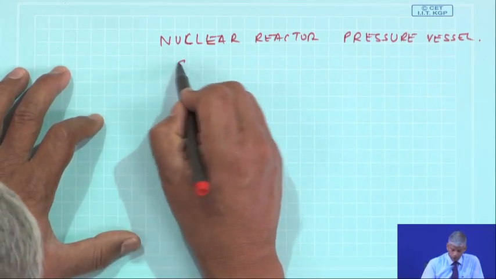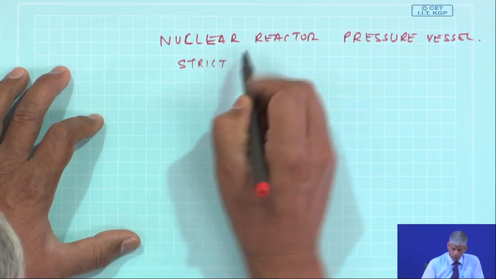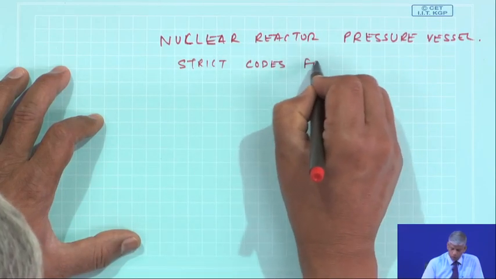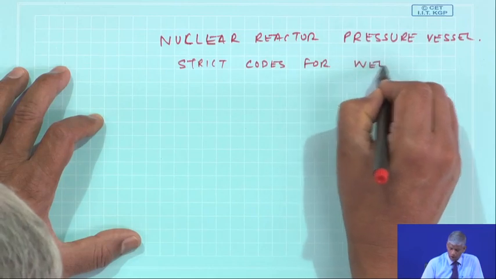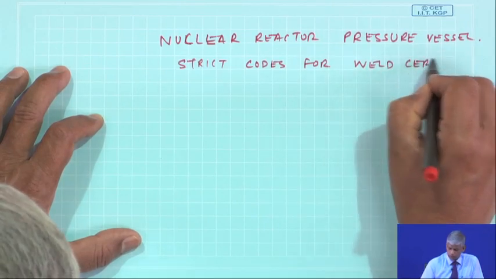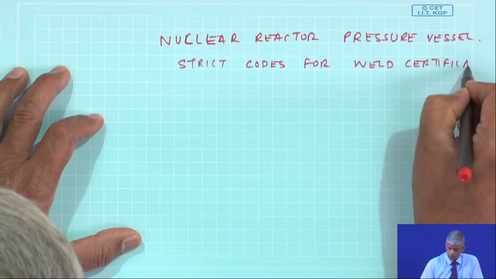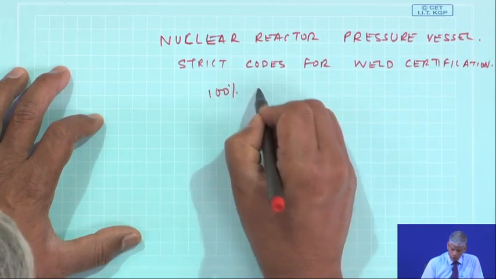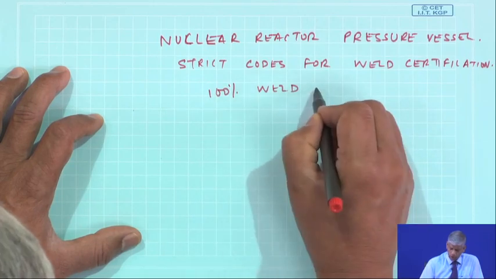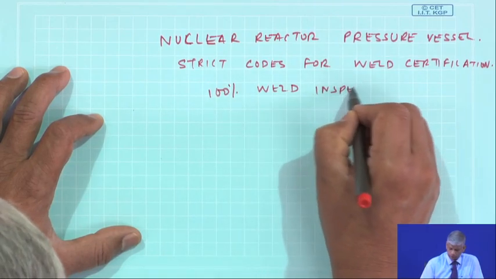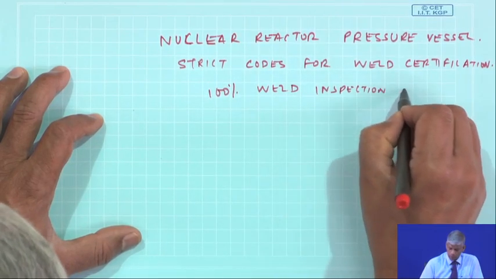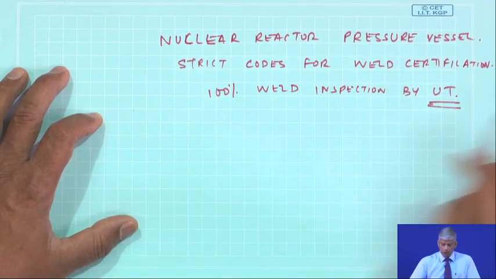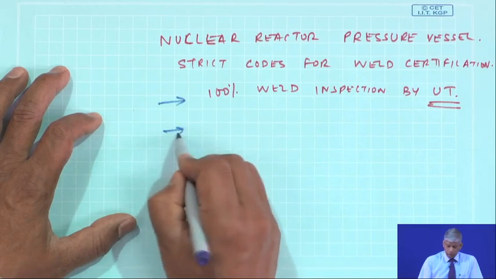They have strict codes for weld certification. They require 100% weld inspection by ultrasonics. Okay. I will just give you an example of the railway axle.